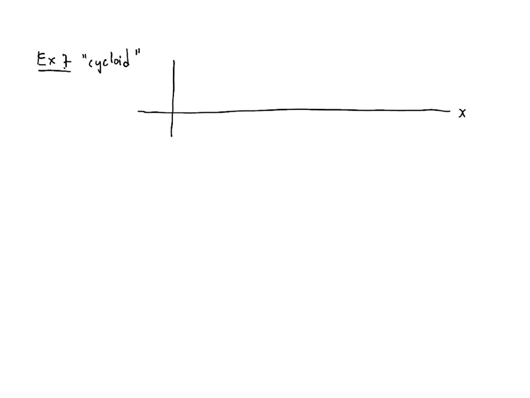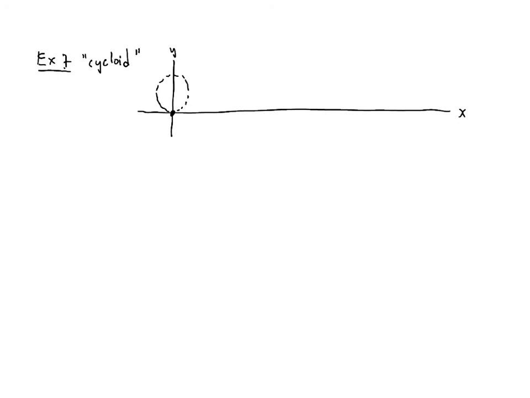So the next example, and I'm not going to derive this, you can look in the book at example 7, is the cycloid. The way the cycloid is described is geometrically. I'm going to look at the coordinate axes x and y, and I'm going to start with a circle of radius r and a point on the circle here.